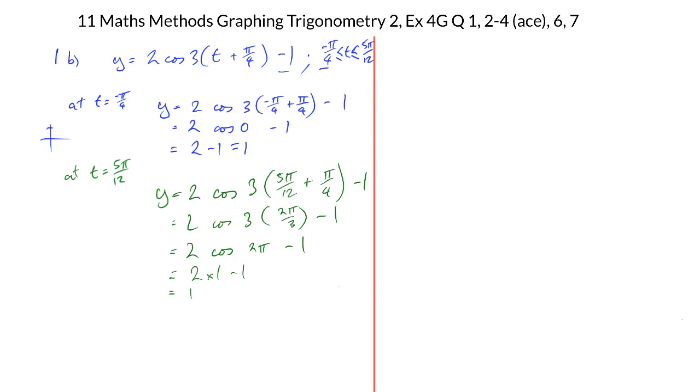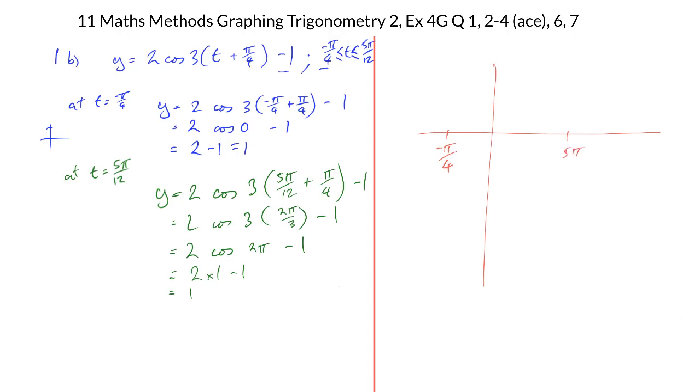Now you were told to use your calculator, and this is something you've got to get used to. You don't need to do everything manually, and by using your calculator, you can get a fairly accurate sketch. We've worked out that at -pi on 4, and then the other side is at 5 pi on 12, which is just a little bit more than a quarter.